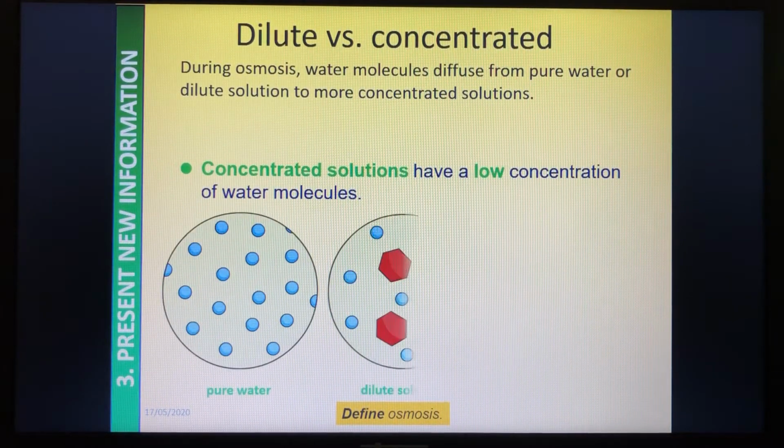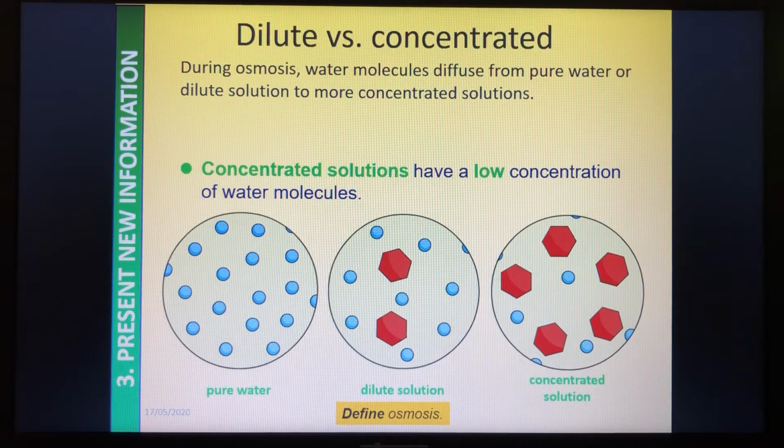So this is what I was just talking about. Concentrated solutions have a low concentration of water. So another thing we could say is that osmosis is movement from a low concentration of sugar to a high concentration of sugar, which I just find a bit confusing. I want to be talking about the water. It's the water that's moving, so I want to know what the concentration of water is like in the two situations.